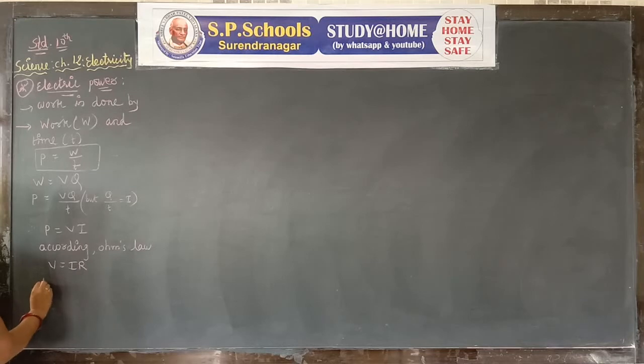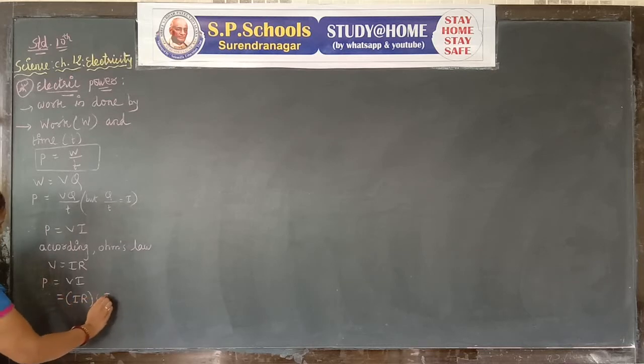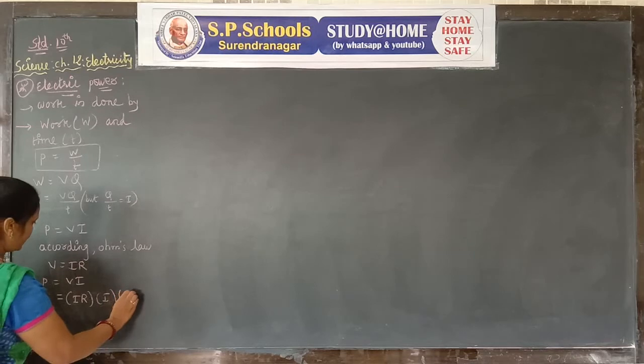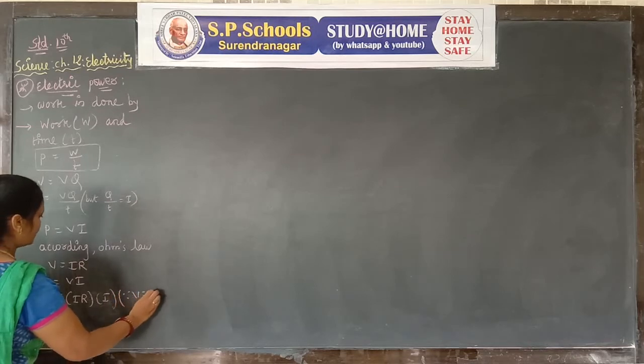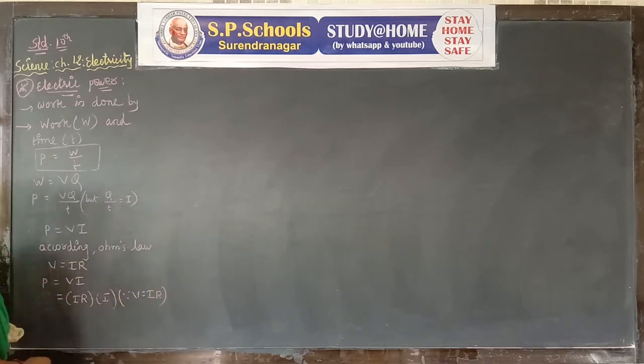So we write P is equal to VI, we use V is equal to IR, so IR into I. I into I means I square R. So we get another formula, P is equal to I square R.